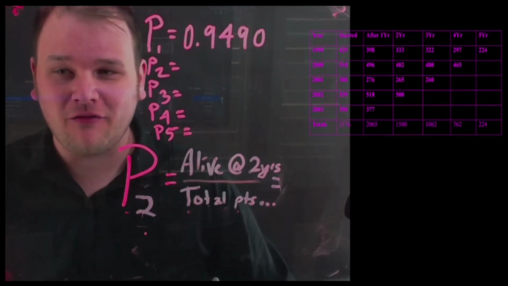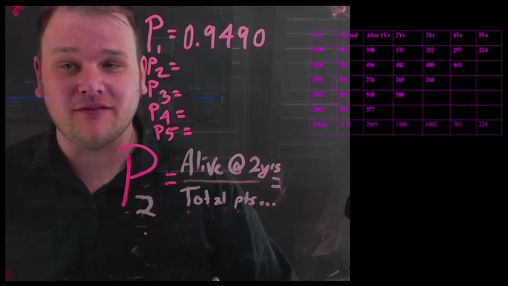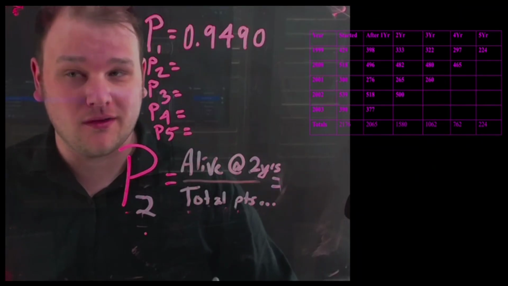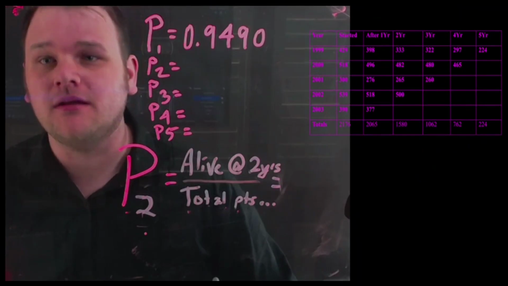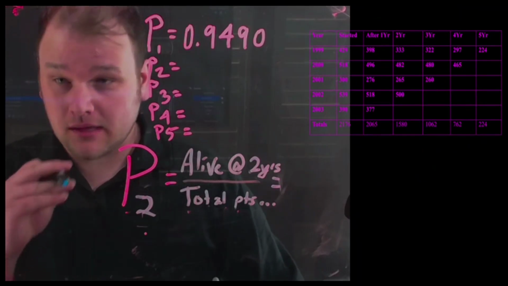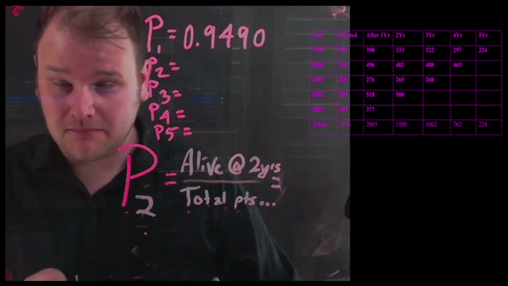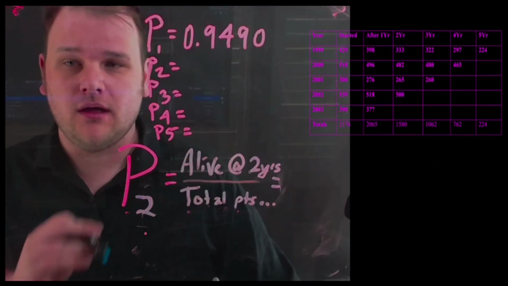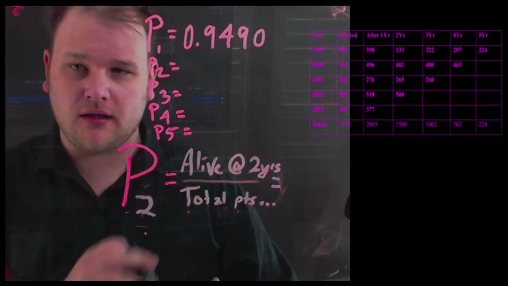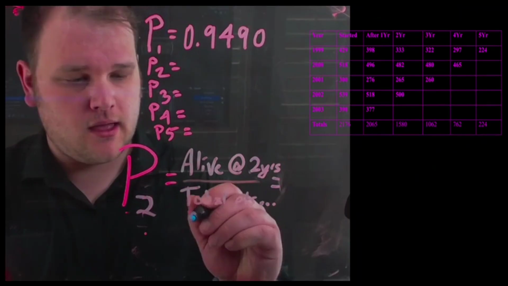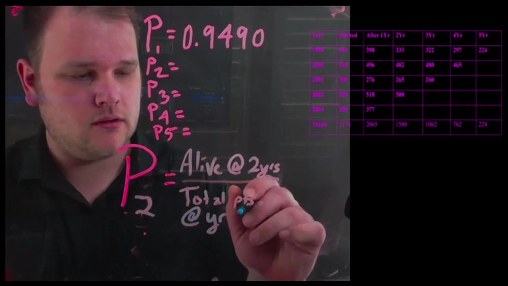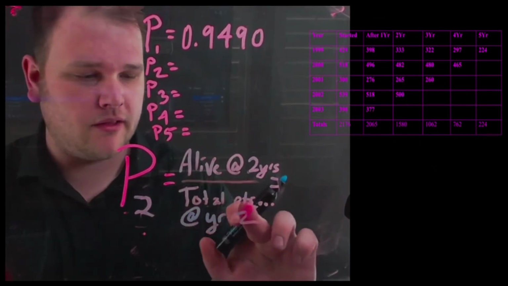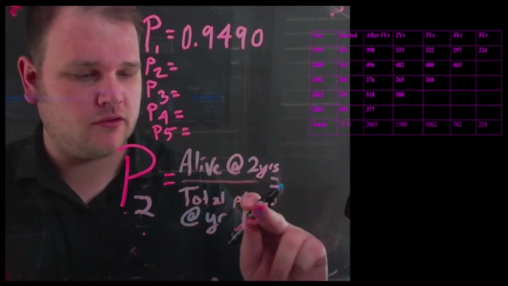So next we're going to solve for the probability of living 2 years for those who have already lived 1 year. That's an important distinction. So the formula is essentially the same. We're going to take alive at 2 years over not total patients, but total patients alive after 1 year.